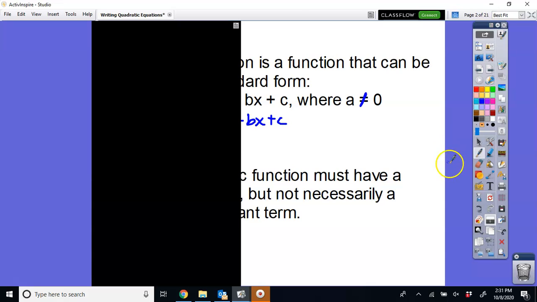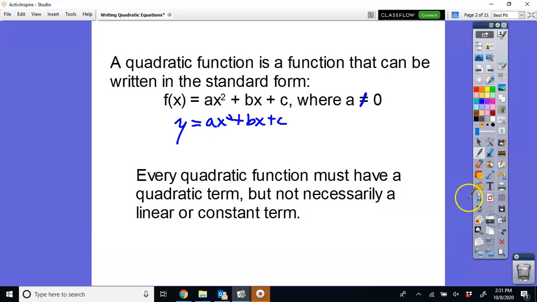So a quadratic has to have a quadratic term, but it doesn't necessarily have to have this linear term or this constant term that's just a number right here. So this is called the standard form of a quadratic. The a and the b and the c just represent numbers in the function.